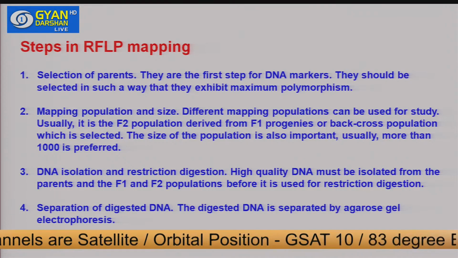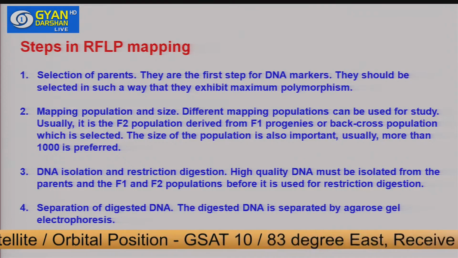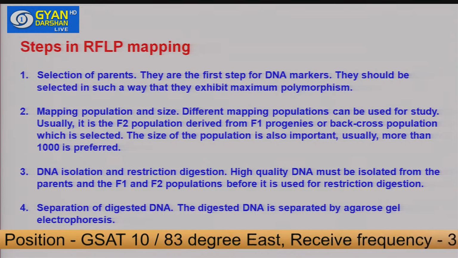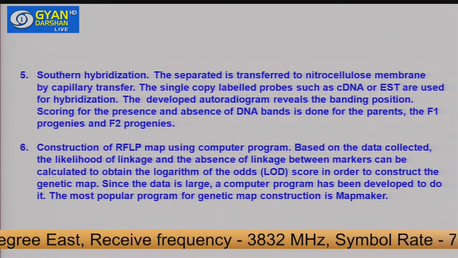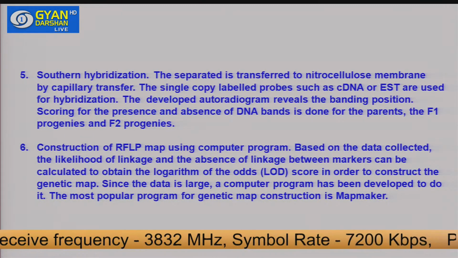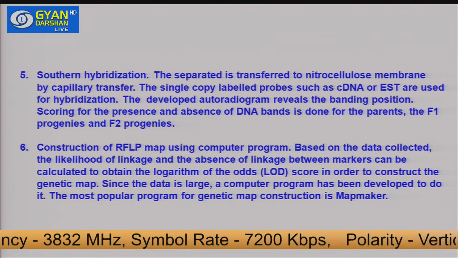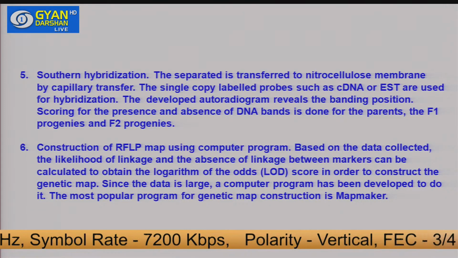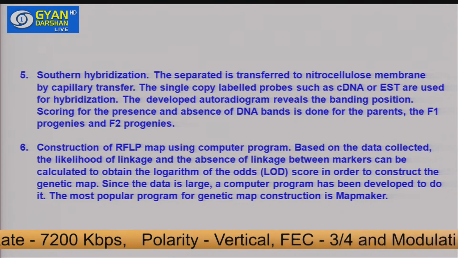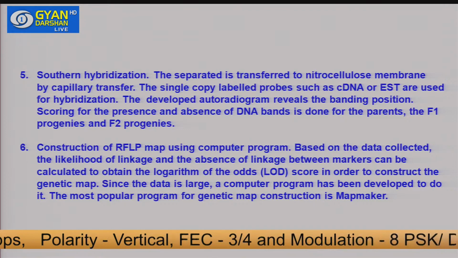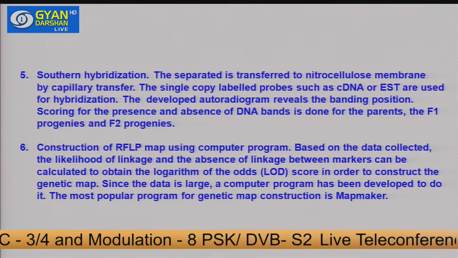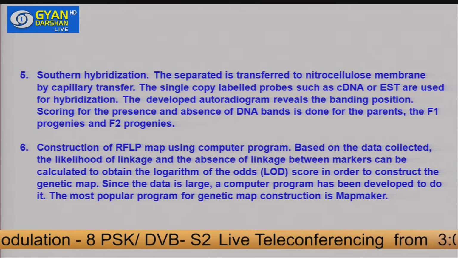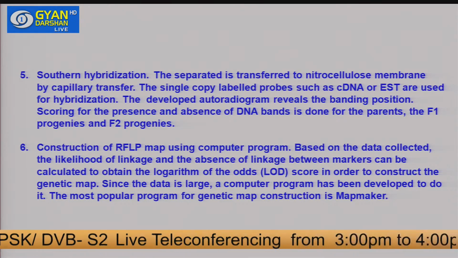Then you separate the digested DNA by agarose gel electrophoresis, and here you apply Southern hybridization, that is, the separated DNA is transferred to a nitrocellulose membrane. Single copy labeled probes such as cDNA or EST are used. EST stands for expressed sequence tags. You use these labeled probes for hybridization, that is, for binding. The developed autoradiogram reveals the banding positions.